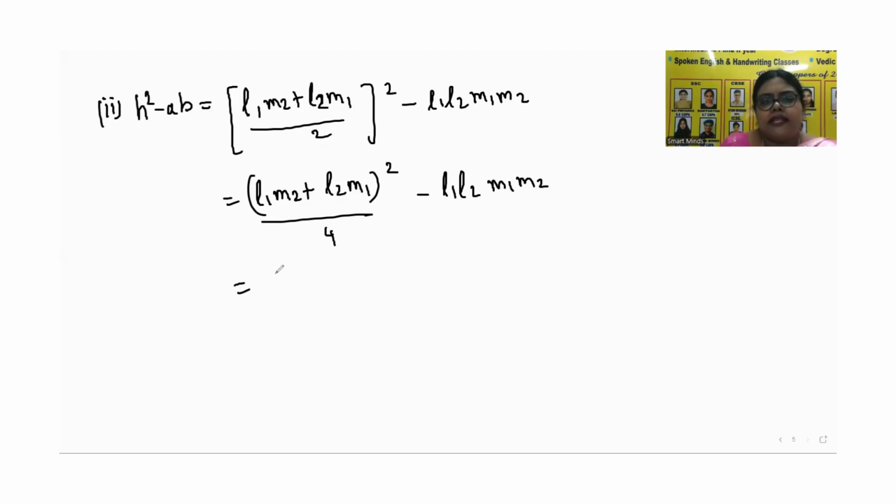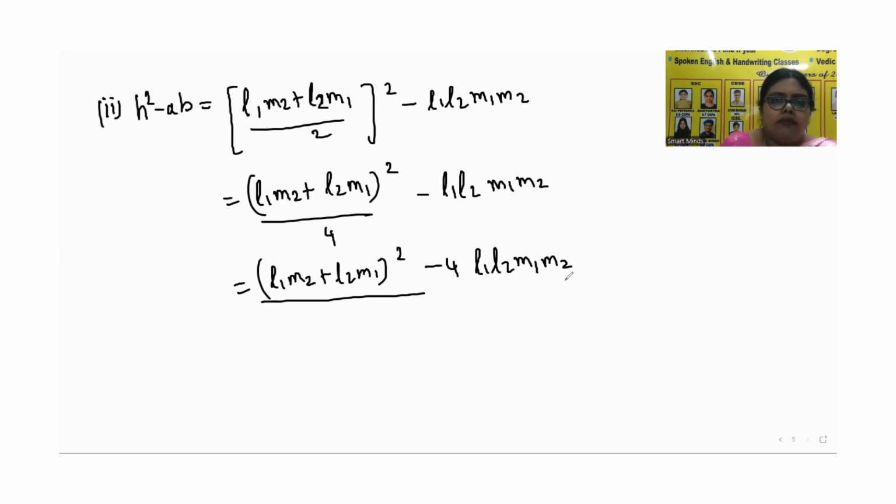If I take LCM, (L1 M2 plus L2 M1)² minus 4 L1 L2 M1 M2 whole divided by 4. Now (A plus B)² minus 4AB is the formula for (A minus B)². So this we can write (L1 M2 minus L2 M1)² by 4.